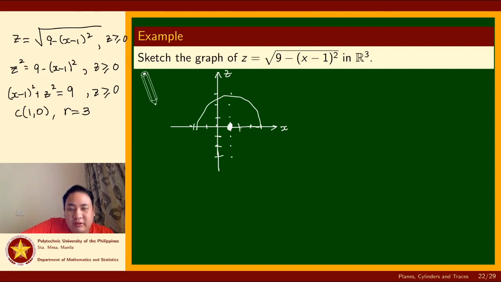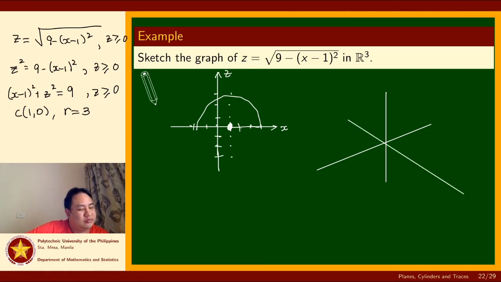Okay, to draw the graph in R3, we sketch the following. First, let us draw the axes. This is the z-axis, which is always the easiest. We show the positive side of x and a little of the negative side, because we are generating in the xz plane. Let's say this is the y-axis. Okay, x, y, z.